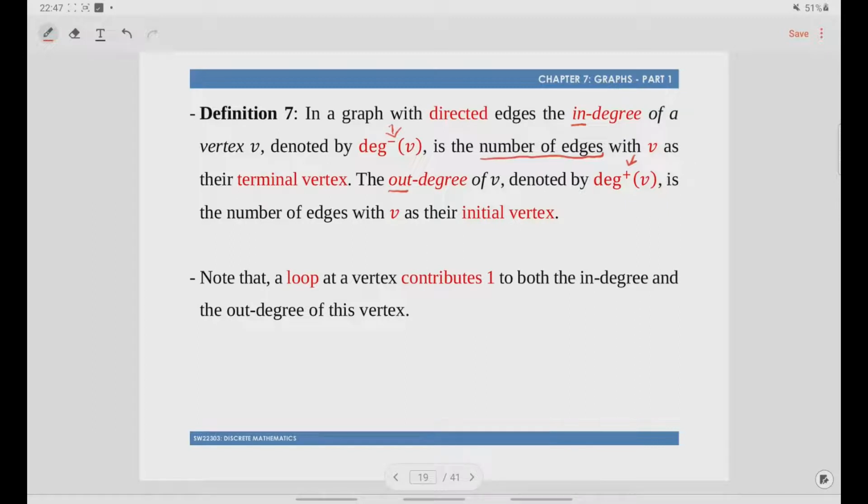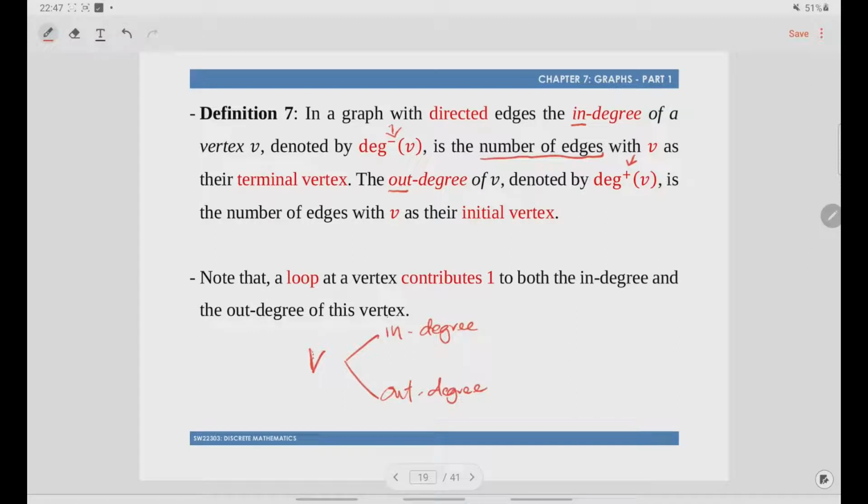So for a single vertex V in a directed graph, we have two different kinds of degree. We have in degree, and we also have out degree.